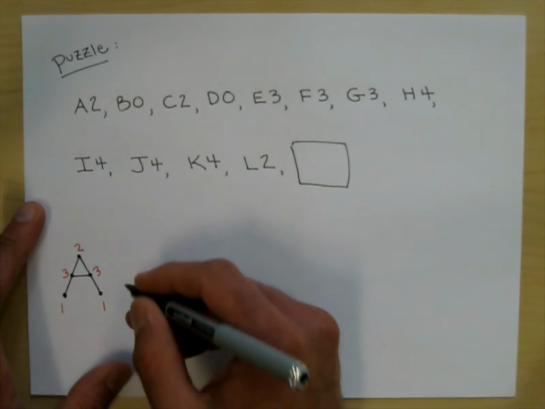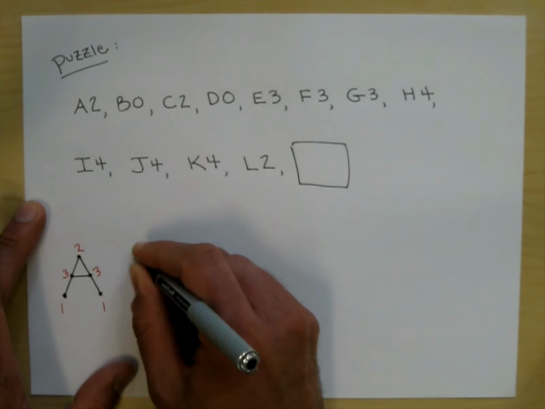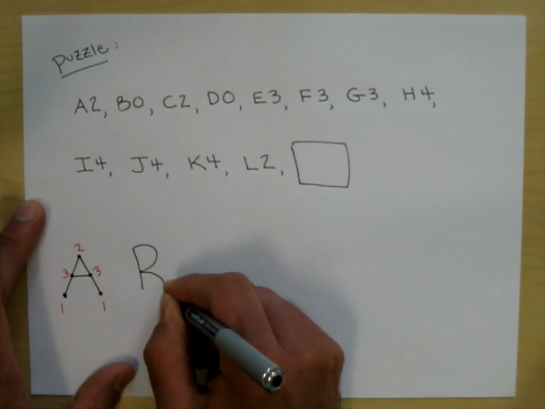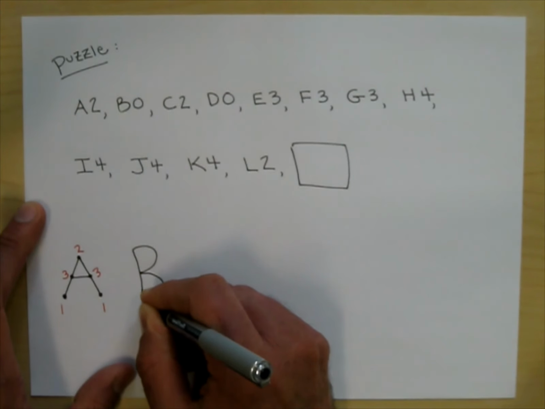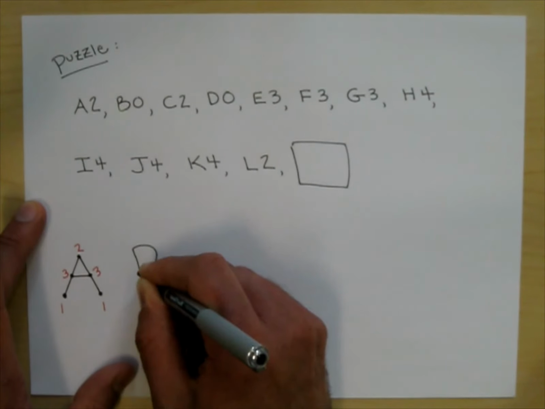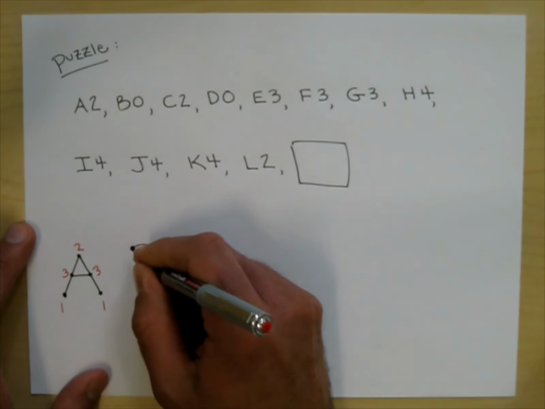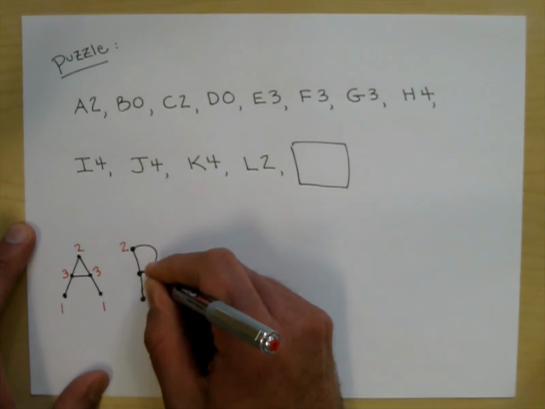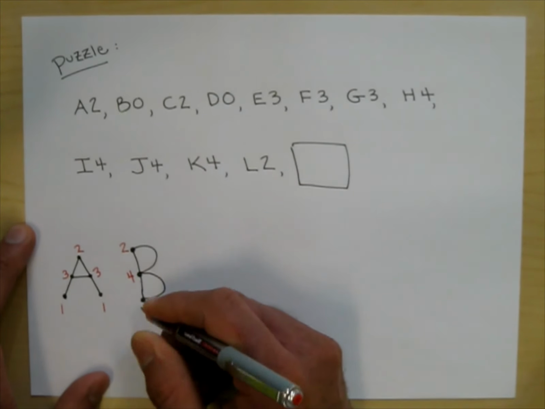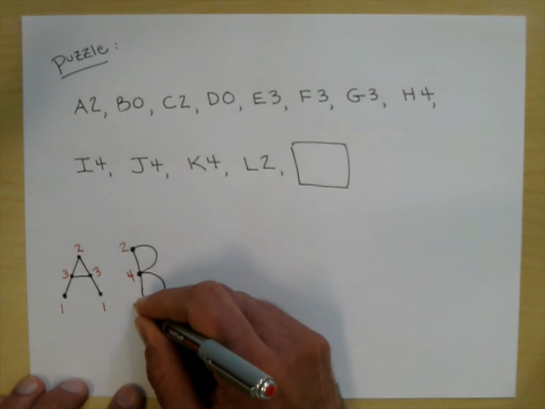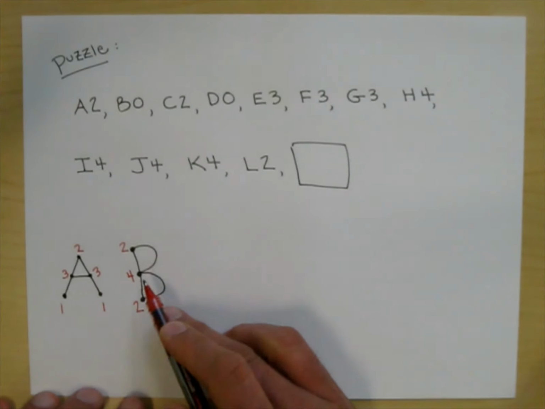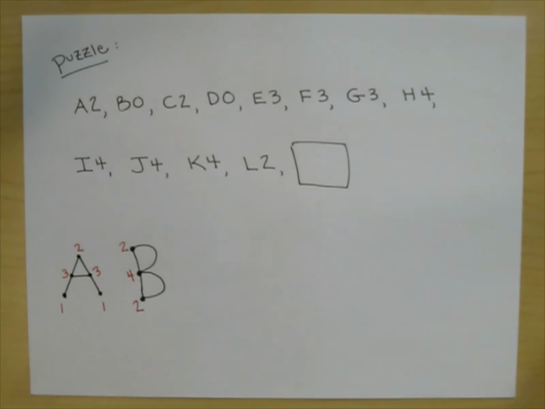I'm going to just start doing this. So here's the letter B. Okay, so we'll call that a vertex, and that a vertex, and that a vertex. So we have 2 there, 1, 2, 3, 4. I know you're thinking, hey, well, is it traversable? I don't care about that. I'm just labeling these. So there's just all even numbers on that one.